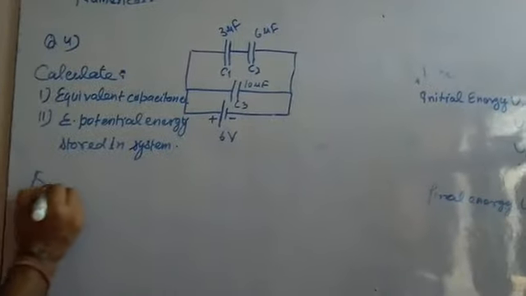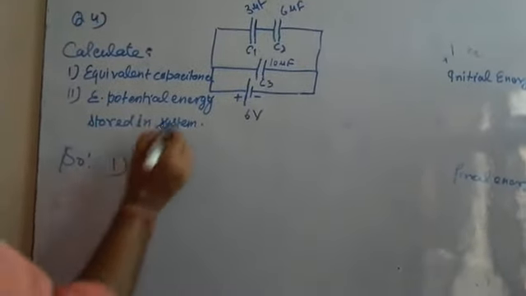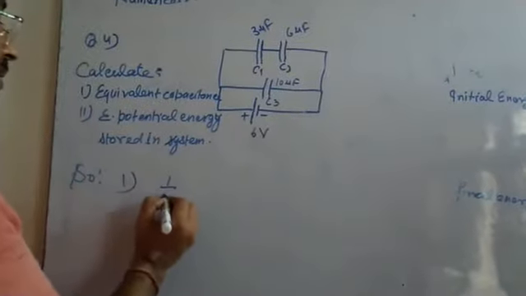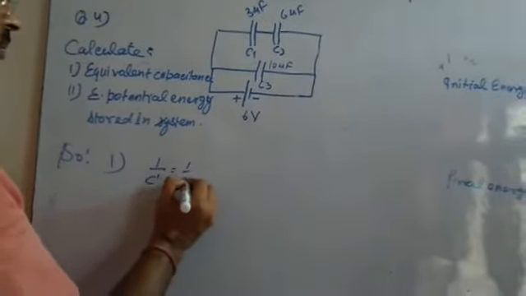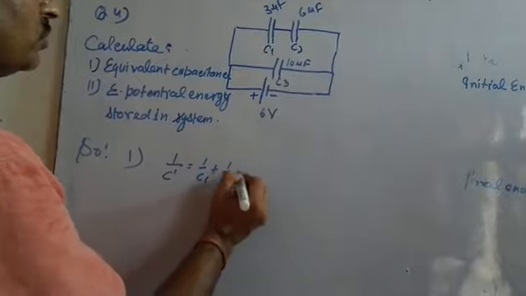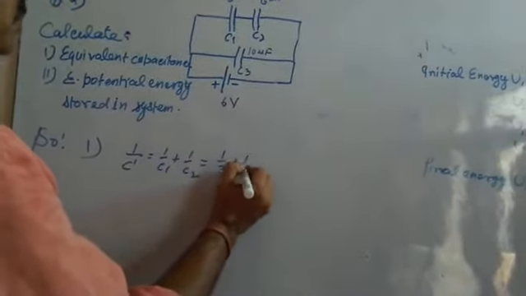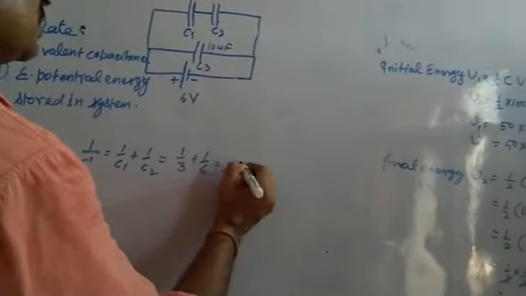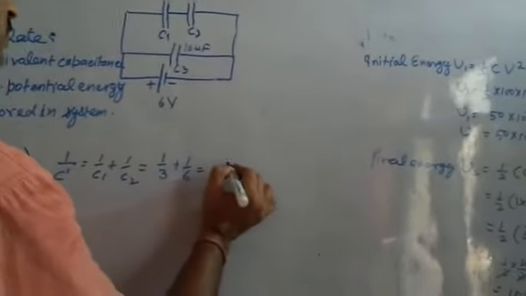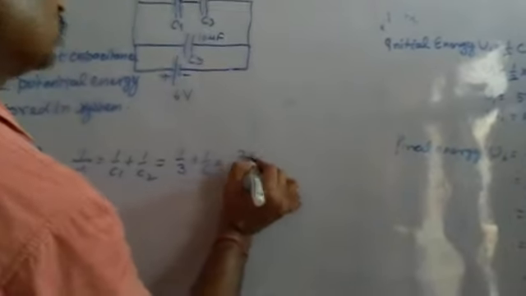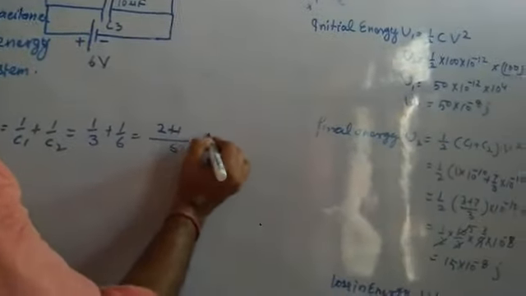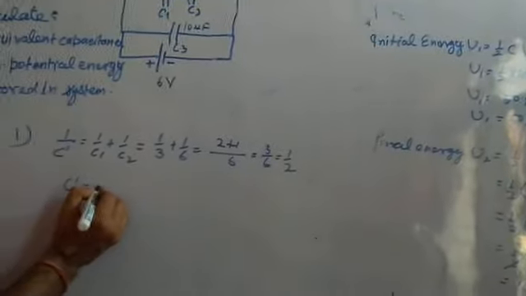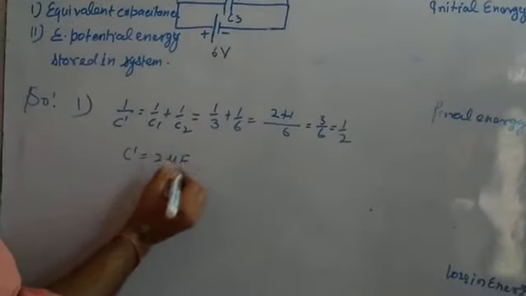First solution. First, C1 and C2 are in series, so 1 by C dash equal to 1 by C1 plus 1 by C2, 1 by 3 plus 1 by 6. Taking 6 as LCM, 2 plus 1, 3 by 6, 1 by 2, or C dash equal to 2 microfarad.